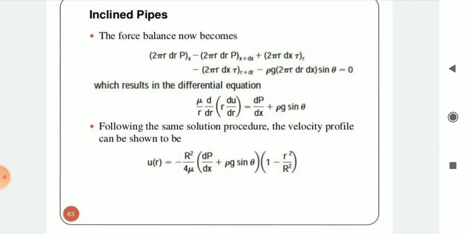Following the same solution procedure, the velocity profile can be shown to be u(r) = −(R²/4μ)(dP/dx + ρg sin θ)(1 − r²/R²).